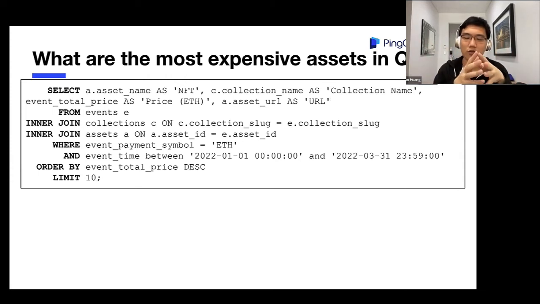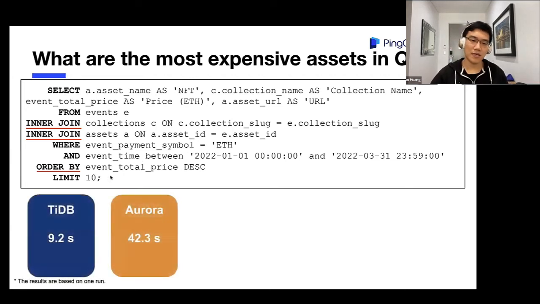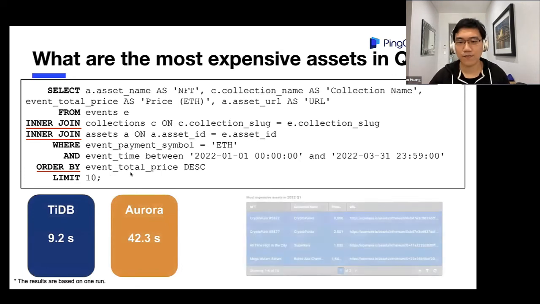That's why we have to join the event table, collections table, and asset table. So we have a two-way join here, and then we set the payment symbol to ETH and the time range, and then order by event total price. For this query, TiDB used less than 10 seconds, but Aurora used more than 42 seconds. This is the result.